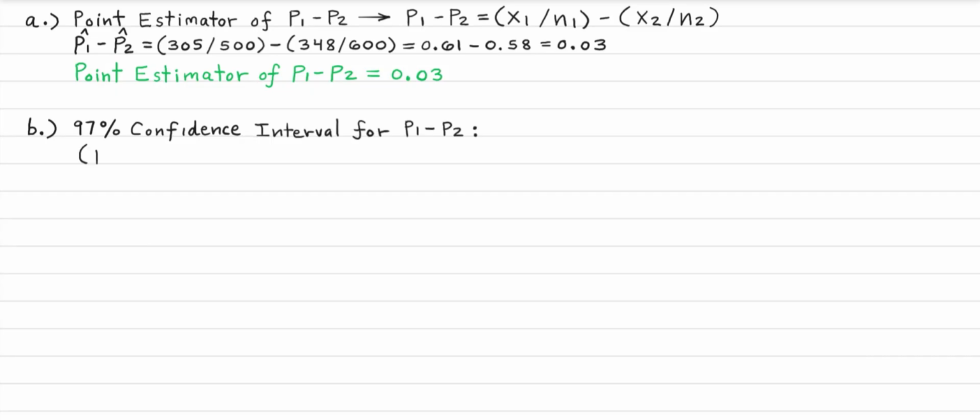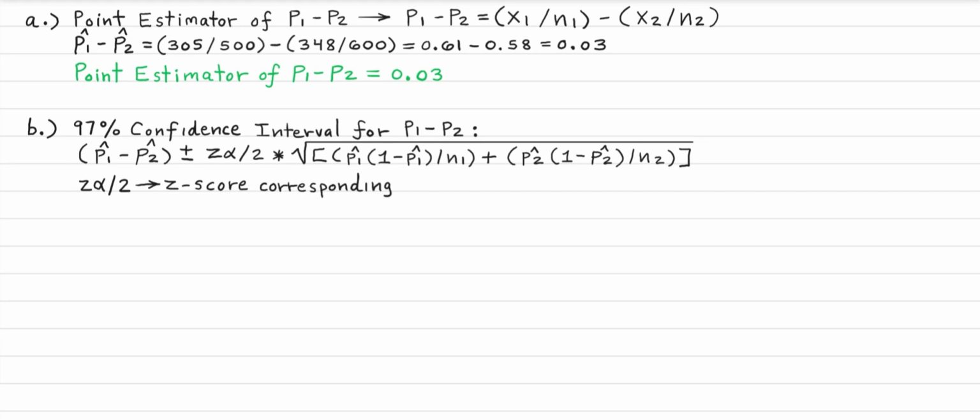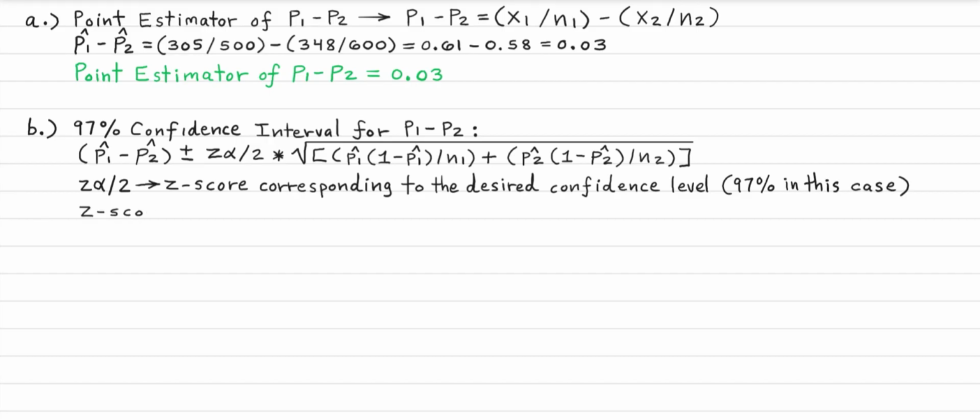So for part B, we're working with a 97% confidence interval for P1 minus P2. And so the correlating statistical equation is implemented. And so this scales down to Z alpha divided by 2, which is the Z-score corresponding to the desired confidence level, 97% in this case.